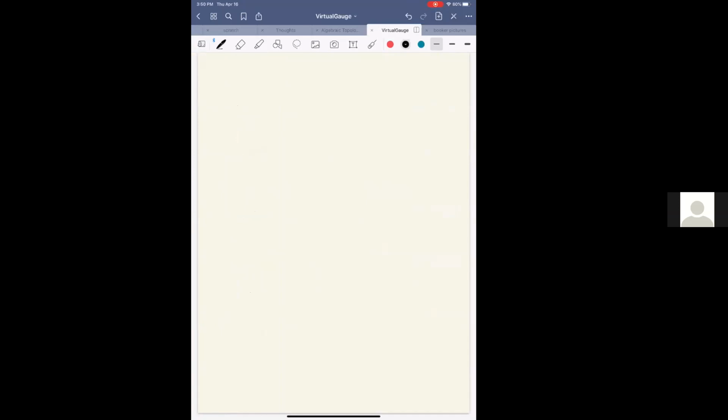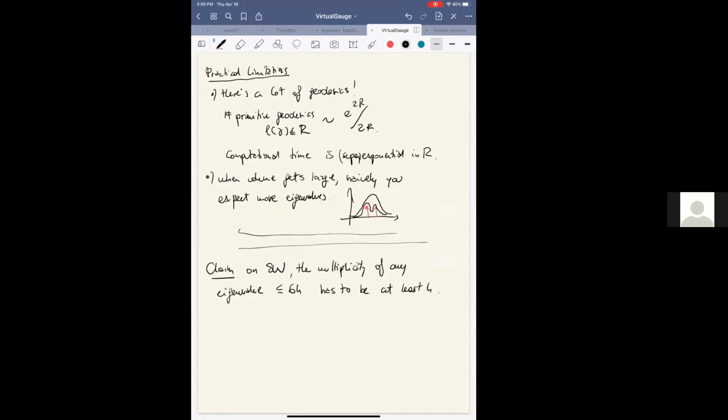Francesco, do you expect all the eigenvalues to have a multiplicity of at least 4? I don't think we can say much about the big ones.